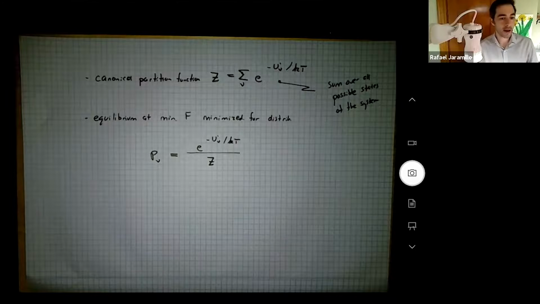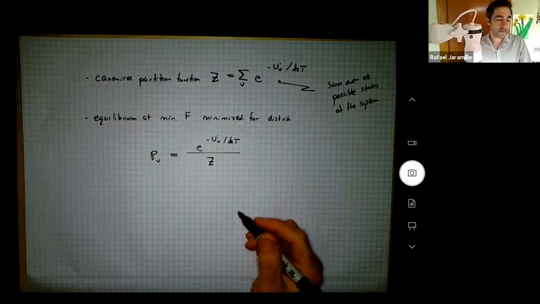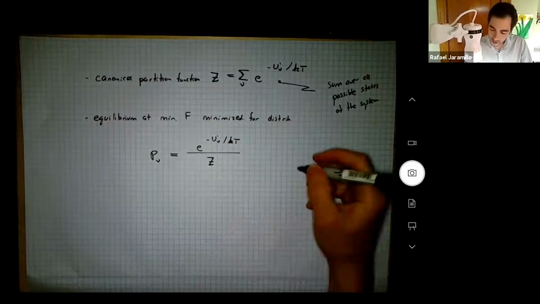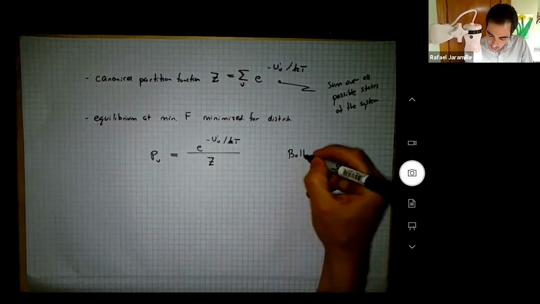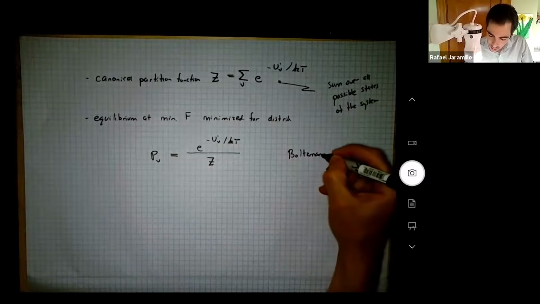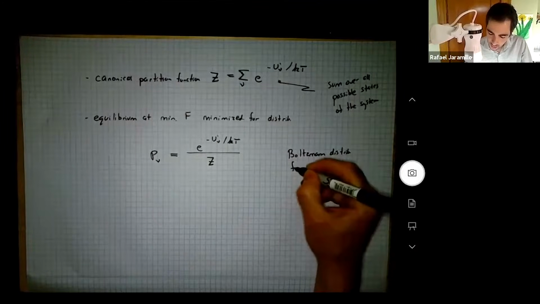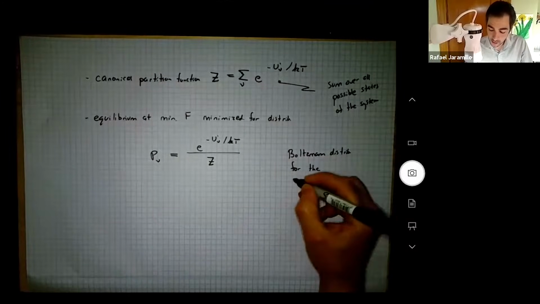There are other ensembles. The next one is called the grand canonical ensemble, and that corresponds to situations with fixed pressure and temperature. We're not going to bother to introduce that. So this is the Boltzmann distribution, but it's for the canonical ensemble now.